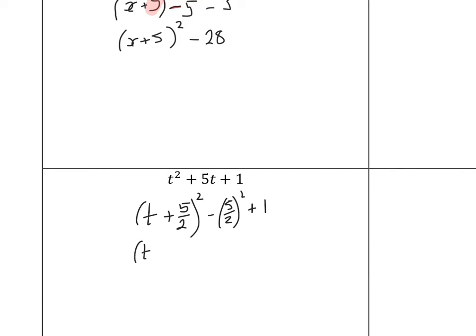So I get t plus 5 over 2 squared. Take away, well, 5 squared is 25, 2 squared is 4, plus 1, well, I can write 1 as 4 over 4. I can just simplify that to t plus 5 over 2 squared minus 25 plus 4 is minus 21 over 4.